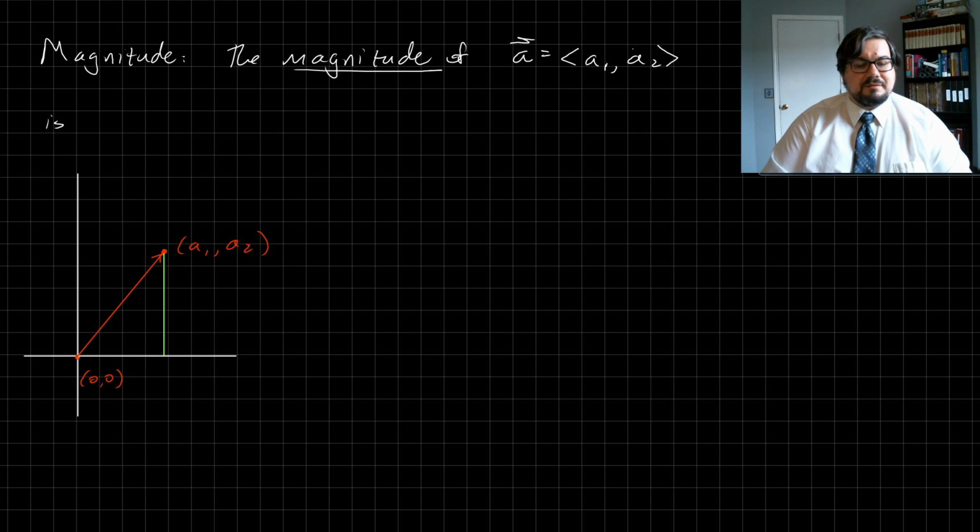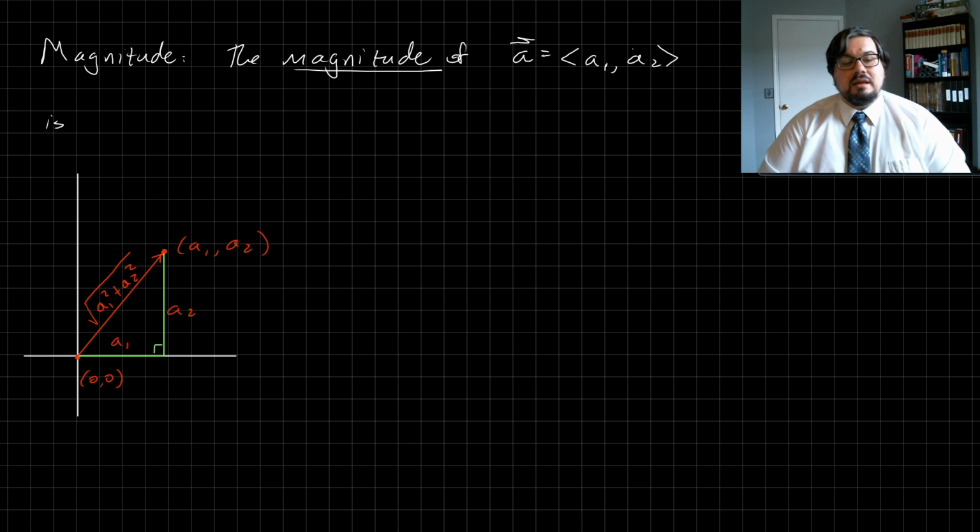And this vector now lies on the hypotenuse of a right triangle. The lengths of the sides of this right triangle are a1 and a2, which means that the hypotenuse has length the square root of a1 squared plus a2 squared. It doesn't matter if a1 or a2 are negative because we wind up squaring them, which brings everything back to positives anyway.